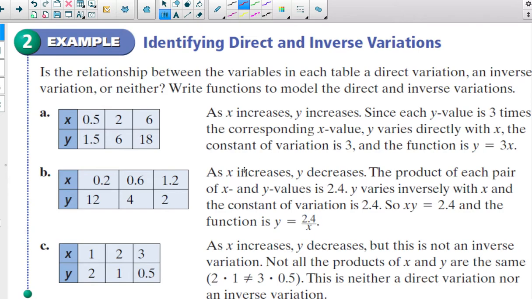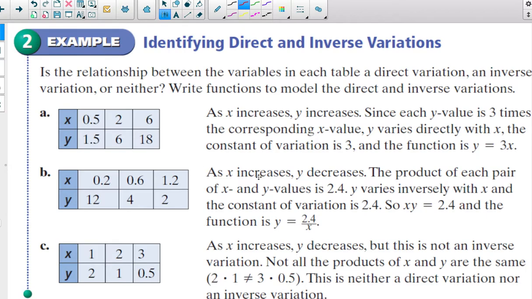The easiest thing to do is, if you're multiplying the x and y, and they come up with the same value each time in these tables, then you know that's inverse. If you are multiplying or dividing x and y to get the same constant of variation, then that is a direct. So it's a little bit backwards of what you want to think.